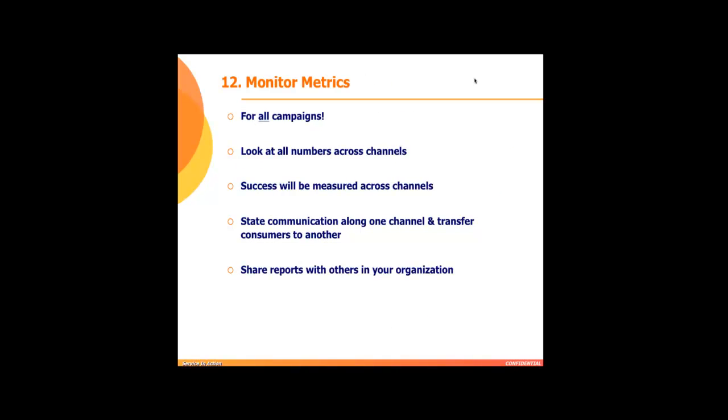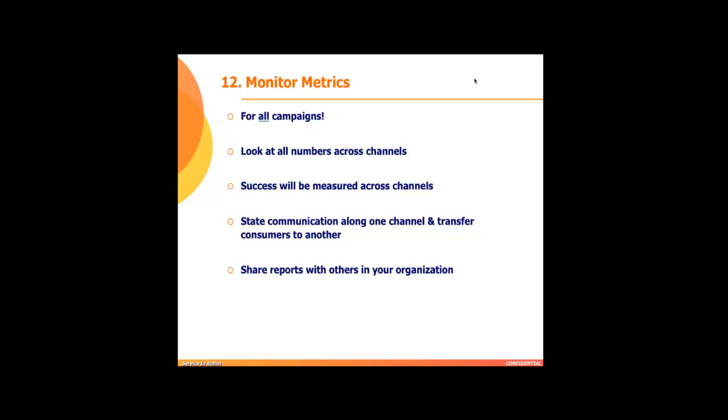So let's look at some of the metrics that we need to look at. When you put out your campaigns, think of looking at your metrics for all your campaigns. Don't just look at your metrics for one particular campaign. Look at a few campaigns, 3 to 6 campaigns, and say that I need to start panicking about disengaged consumers after a certain number of campaigns.